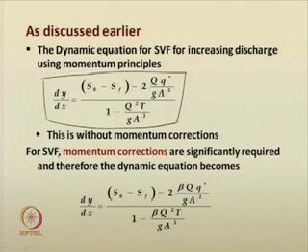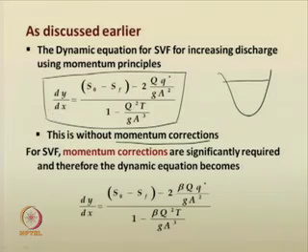If you look closely, this has been given without the momentum corrections applied to the cross section. We have taken the average velocity across the cross section as a parameter, and whatever correction for the momentum is there was not incorporated. We had taken the momentum correction factor beta equal to 1, and developed this equation.